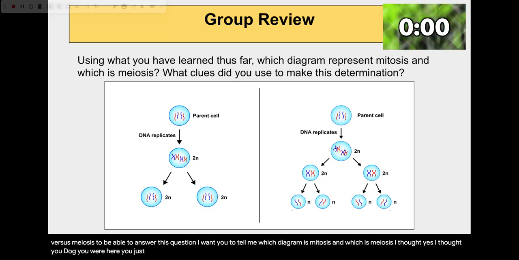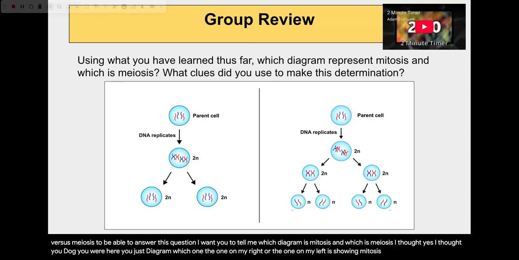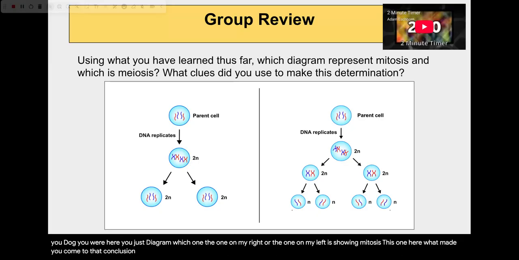All right. I have given you two diagrams. Which one, the one on my right or the one on my left, is showing mitosis? Left. Yes, it is this one here. What made you come to that conclusion? What were the clues?